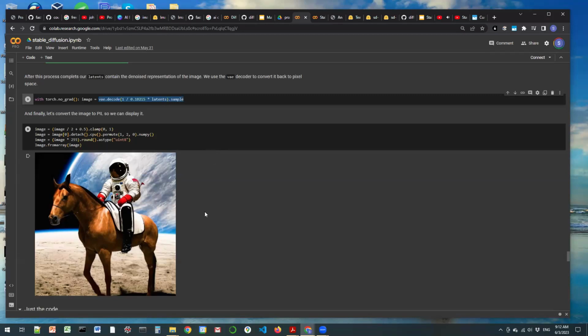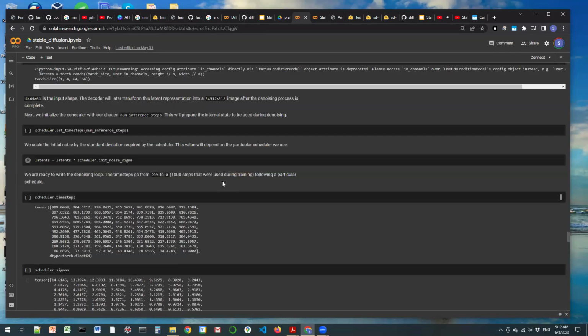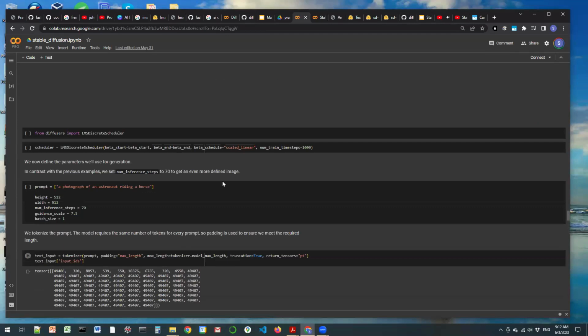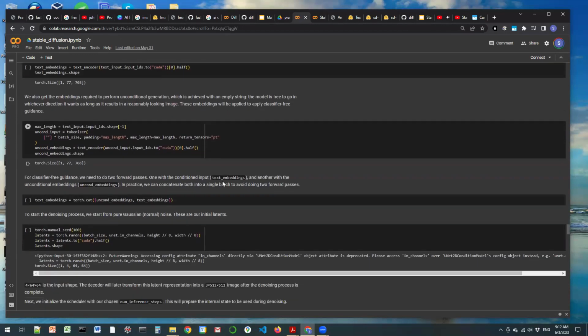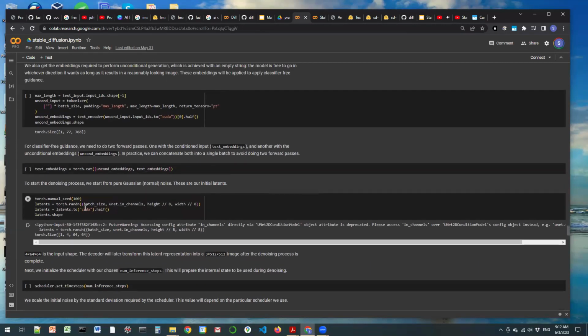In this case, we didn't have to use the VAE encoder, because noise is noise, and we can shape it to the size that we want, which is the size of the latents.